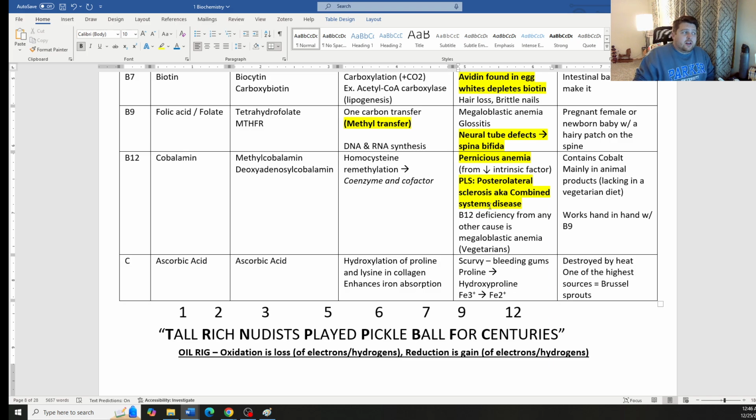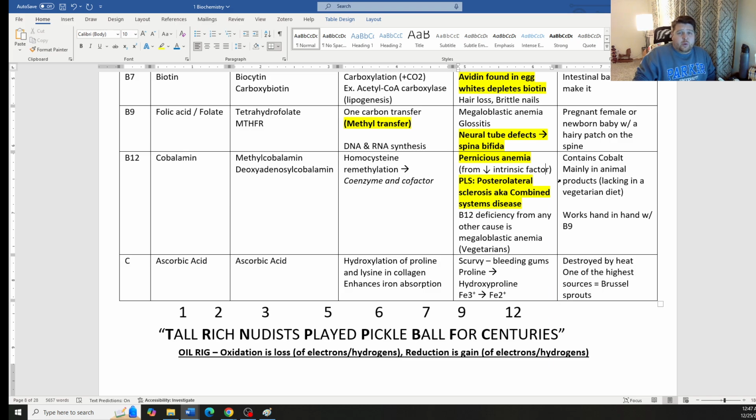If we do not have enough B12, we can get a condition called pernicious anemia. This is from a lack of intrinsic factor. Intrinsic factor, we're going to talk about that a lot more in the pathology portion as well as the physiology portion. It is a chemical produced within the stomach that allows for the absorption of our B12 vitamin.